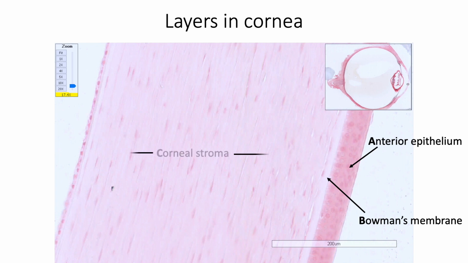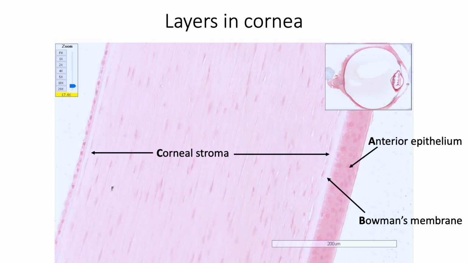Deep to Bowman's membrane is the corneal stroma or substantia propria. It shows about 200 to 250 lamellae, which are made of thin collagen fibrils. And these collagen fibrils have a regular parallel arrangement within each lamella. But between adjacent lamellae, they have an orthogonal array, that is, they are arranged at right angles to each other.